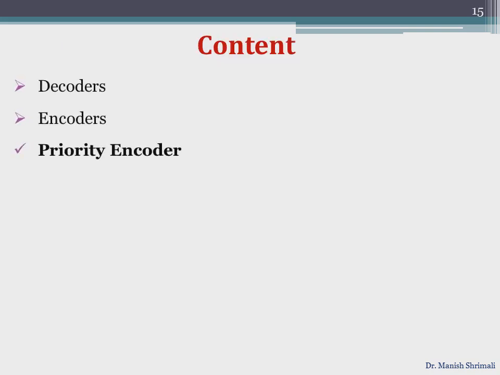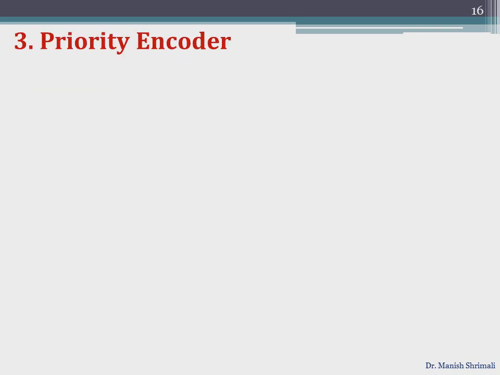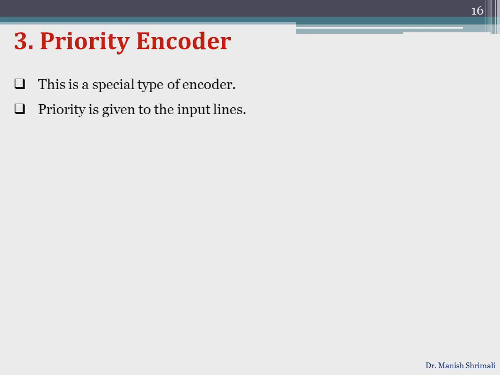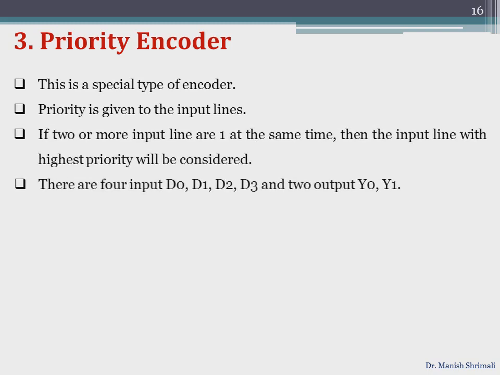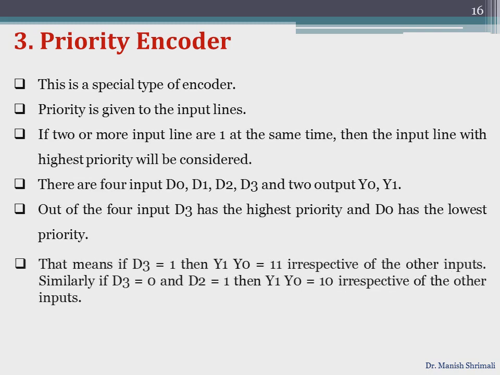And now let us discuss the priority encoder. This is a special type of encoder, and here priority is given to the input lines, where if two or more input lines are 1 at the same time, then the input line with the highest priority will be considered.